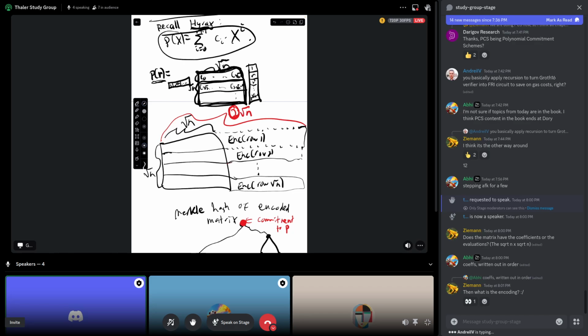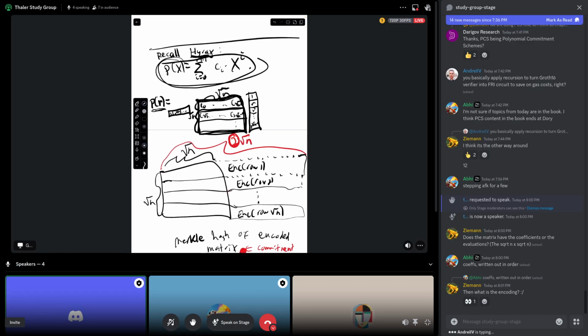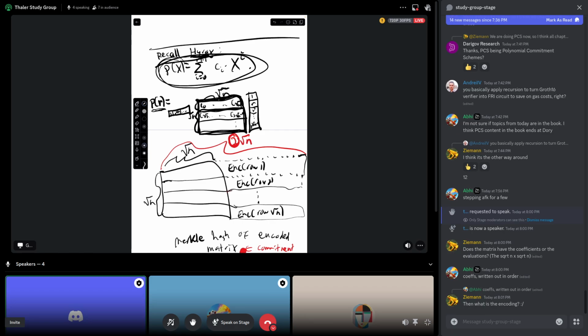So this row by row Reed-Solomon encoding is very different than a single Reed-Solomon encoding of the whole size n object. Viewing each row independently as a root n size object and encoding that is quite different than viewing the whole thing as one big size n object and encoding that.